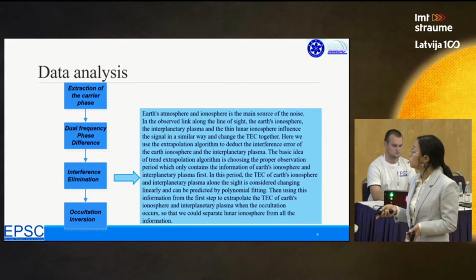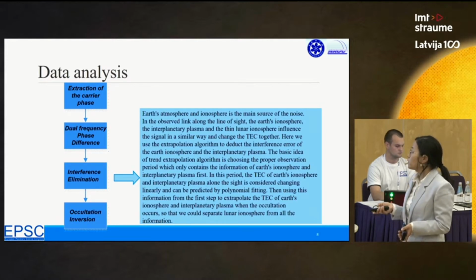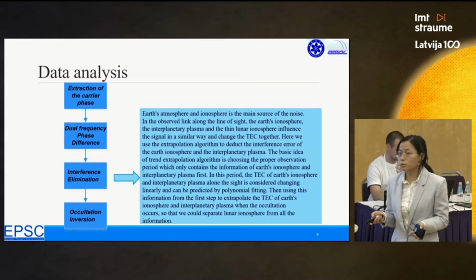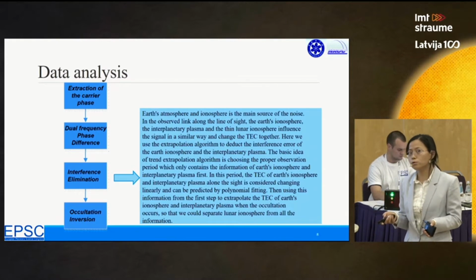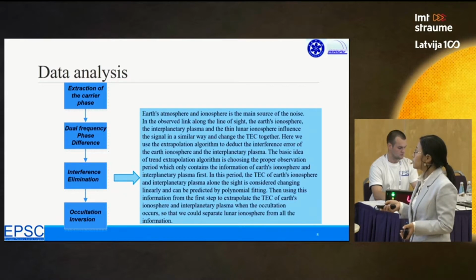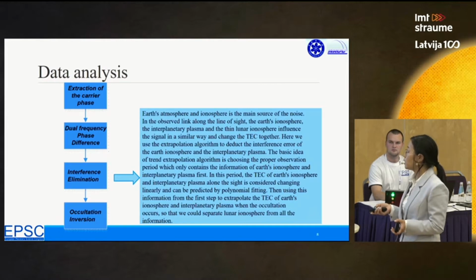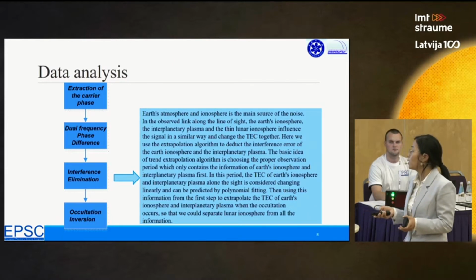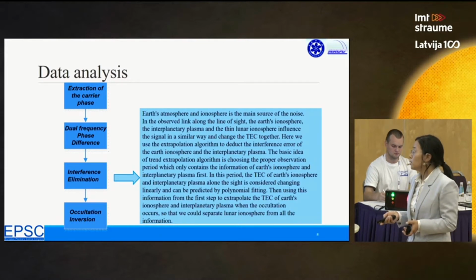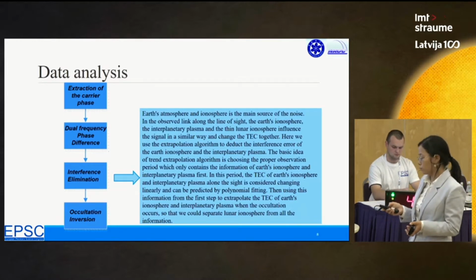The basic idea is choosing the proper observation period, which only contains the information from Earth's atmosphere and ionosphere. In this period, the total electron density of Earth's ionosphere and the interplanetary plasma along the line of sight is considered changing linearly in a short time and can be predicted by polynomial fitting.